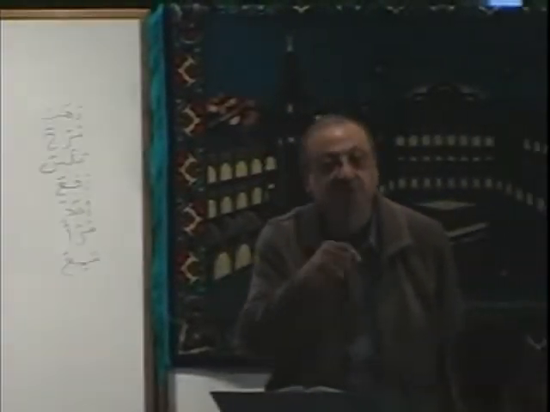Then he brought plurals. Once we understood plurals, he brings this concept: every Ghair Aqil Jama in the Arabic language is treated as a singular. And if it is treated as a singular, the naat will also be singular.